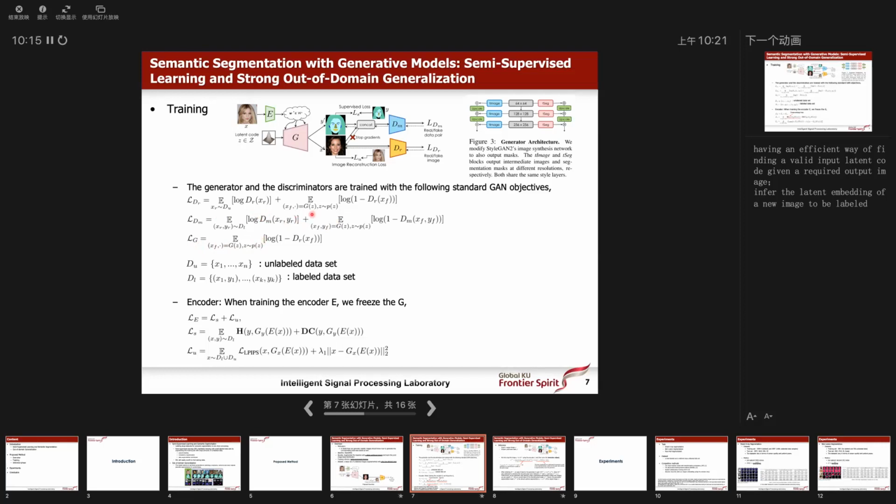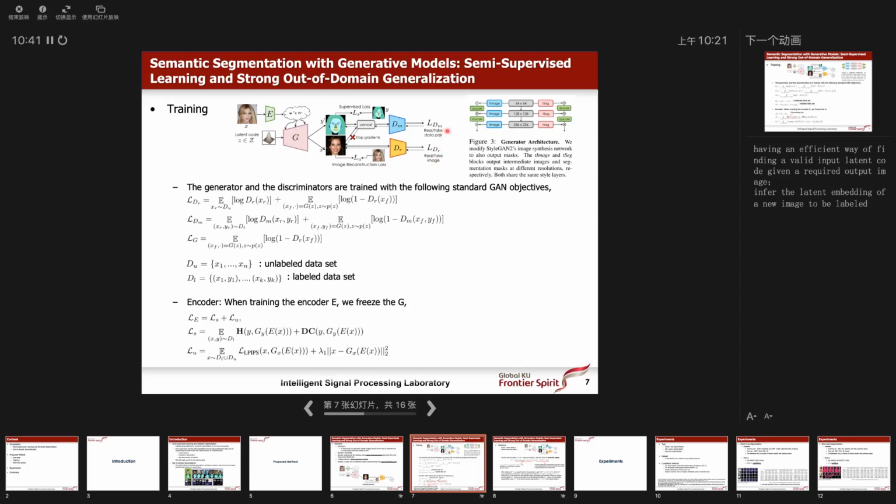Hang on a second. You have two discriminators, right? D sub M and D sub R. What are they? Okay, I will explain. The discriminator DR tries to discriminate between the real and fake image. It is similar to the standard GAN.